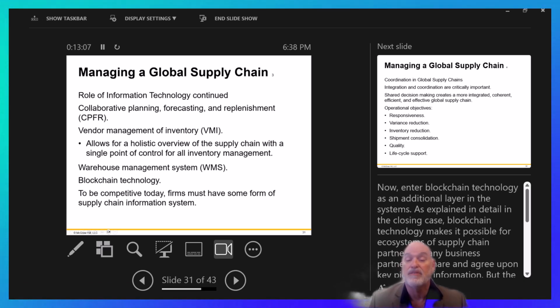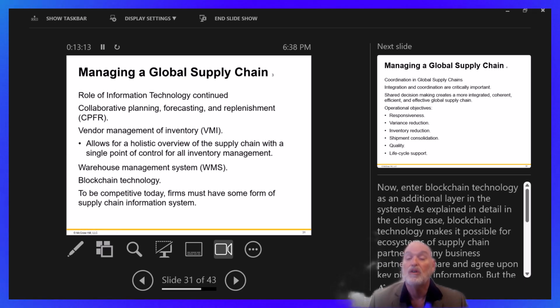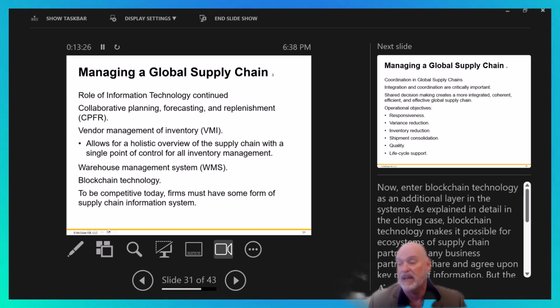Vendor management of inventory, VMI, allows for a holistic overview of the supply chain with a single point of control for all of inventory management. Then we have a warehouse management system, a WMS, and then blockchain technology. And to be competitive today, firms must have some form of supply chain information system.